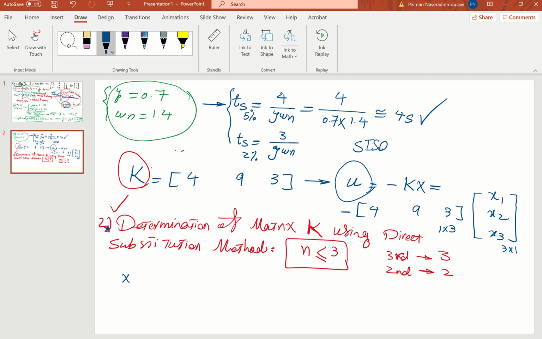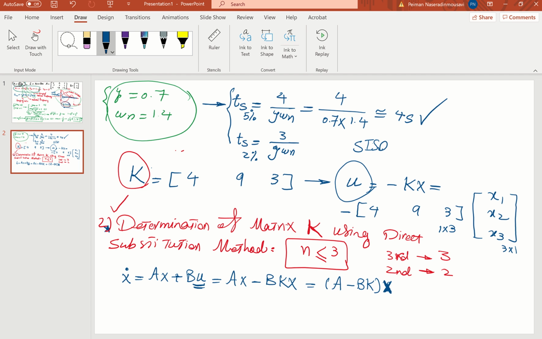Now how is that, guys? Look at here. This is the general LTI system: X dot is equal to AX plus BU, and as we designed, u is minus KX. This is state feedback. So what we get here is A minus BK times X. Remember?